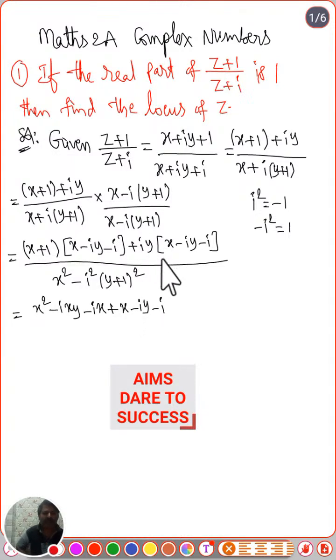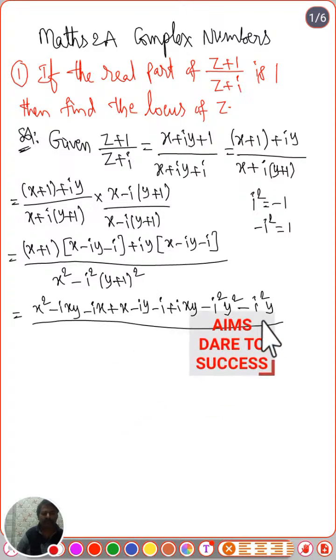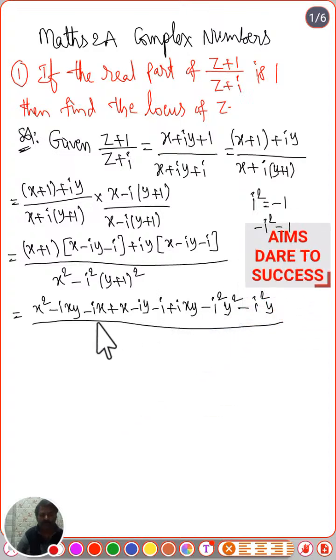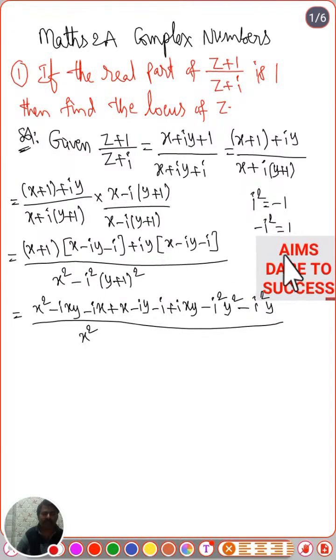Next plus iy multiplied inside, we get plus ixy, plus into minus minus i into i square, y into y square, divided by x square minus i square value, plus 1.